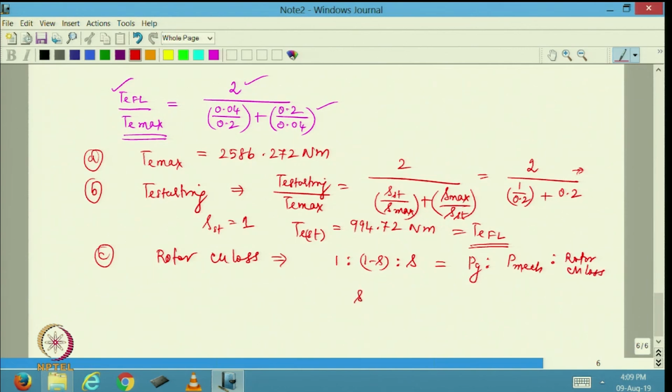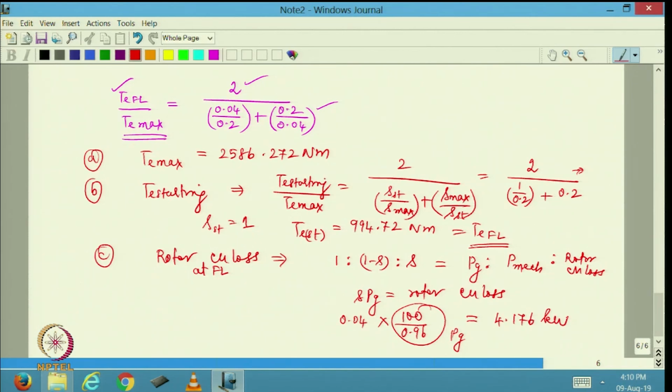So, I can say S times PG is rotor copper loss, right, at full load. This is what is being asked. So, S is 0.04 and 100 is the mechanical output, so PG is 100 divided by 0.96, right. So, this will give me the rotor copper loss. This comes out to be 4.176 kilowatt.